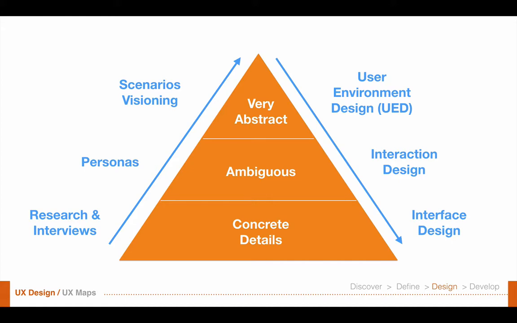Then from there, we will know more specifically what interactions we have to design for the user when they use a certain product or feature. So it's getting a little better. And then coming down to the interface design, it's getting more and more concrete in details. So this is the flow and process we will go through in this whole lecture.